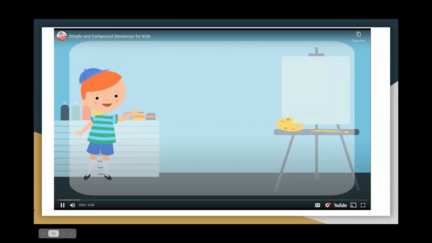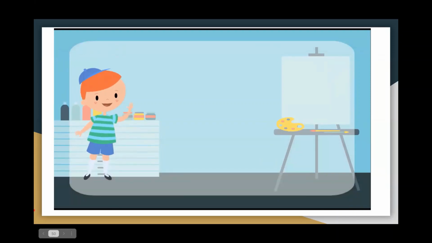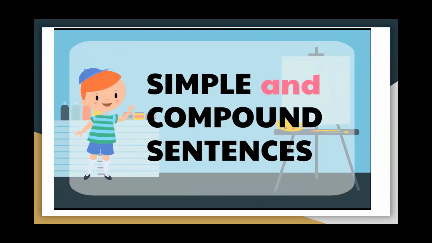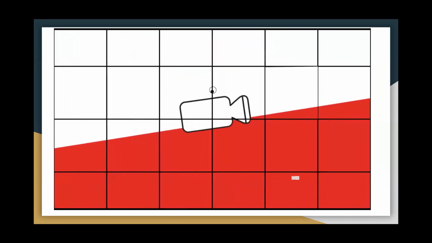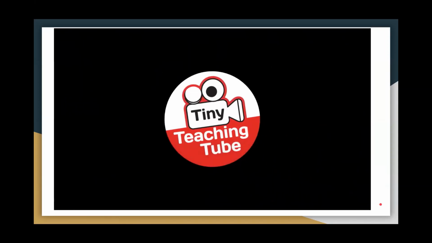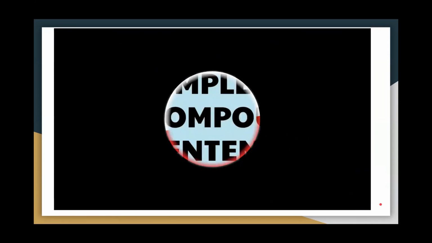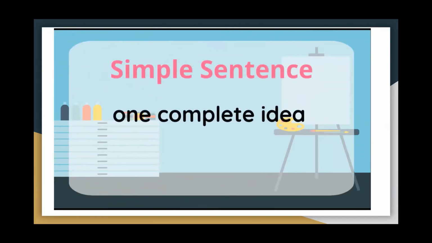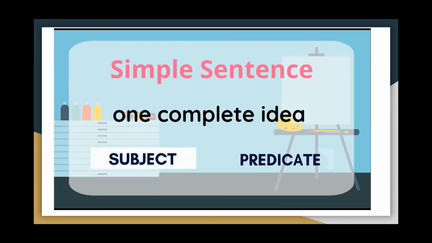Hello there. In this video, we're going to learn about identifying and creating simple and compound sentences. What's a simple sentence? A simple sentence shows one complete idea, which means it has one subject and one predicate.